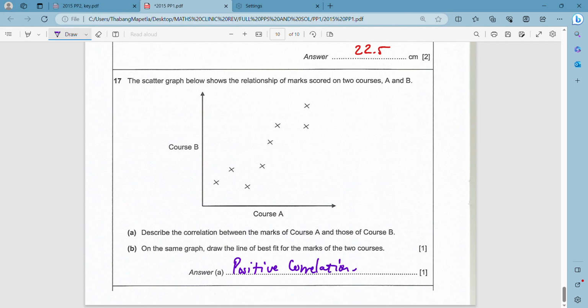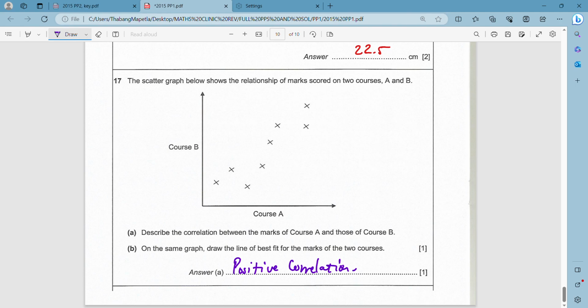I said when they are scattered or grouped together it is no correlation. Some will say zero correlation.